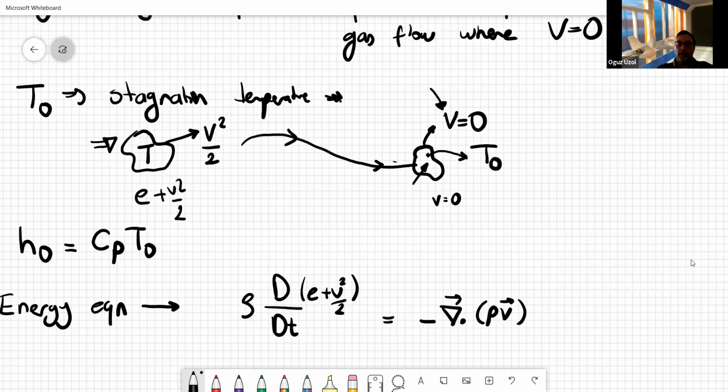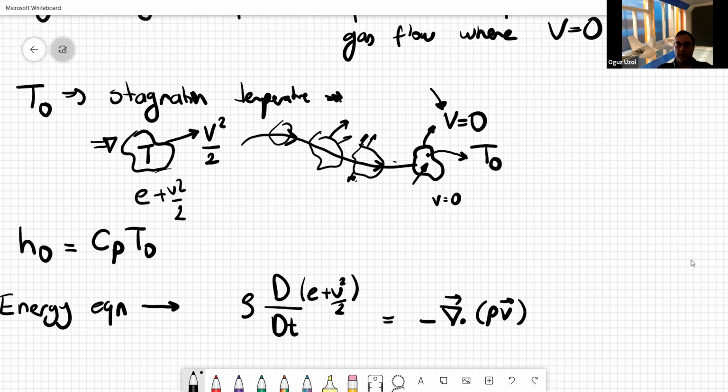Basically, hypothetically, what we are trying to do is to convert its entire energy content into a temperature, into internal energy. But while we are doing this, if somehow we allow this fluid particle, while it's slowing down, to have heat transfer through its boundaries, it will lose some energy.